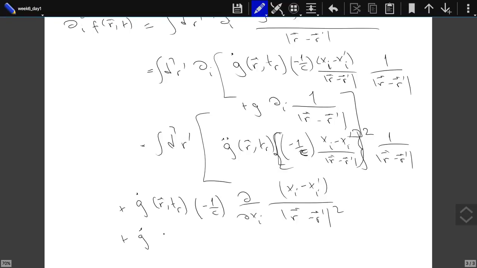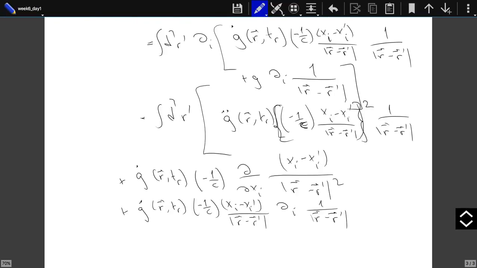G dot at r prime, tr multiplied with minus 1 over c, xi minus xi prime divided by the magnitude of r minus r prime, times del i of 1 over the magnitude of r minus r prime, plus g times del squared i of 1 over the magnitude of r minus r prime.